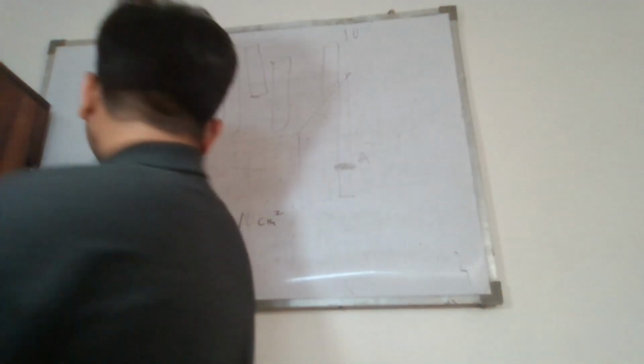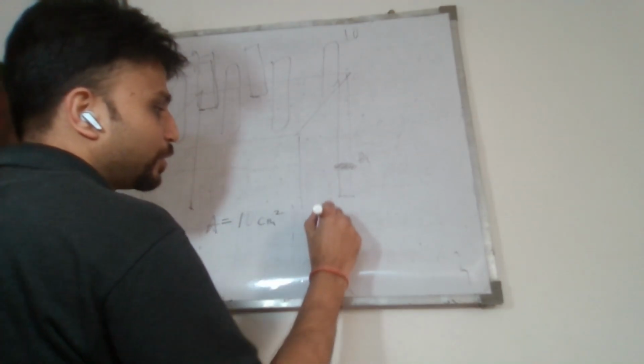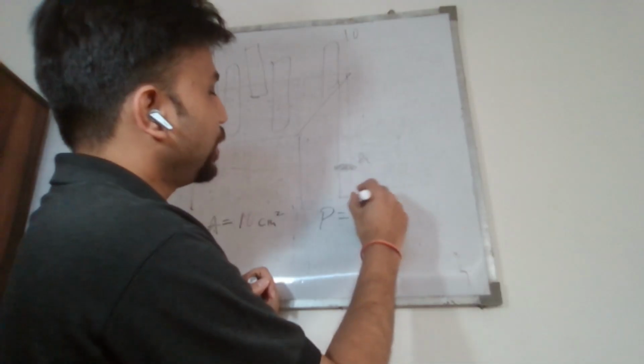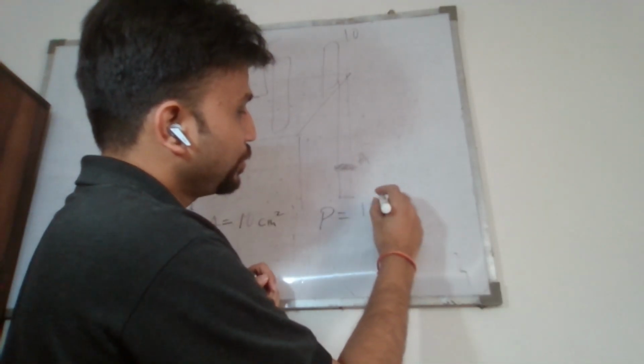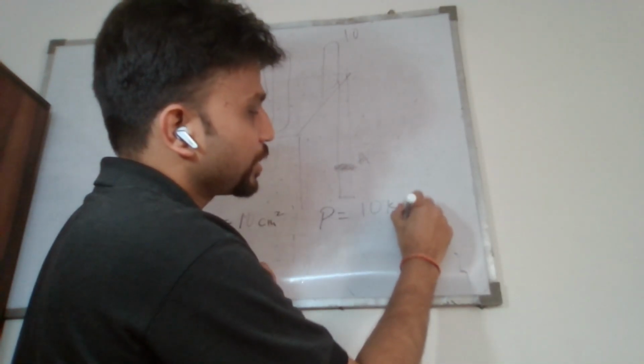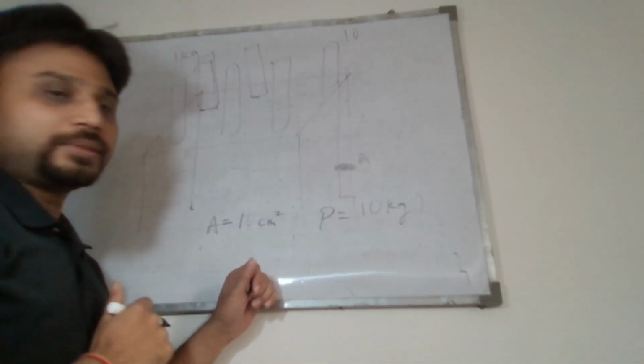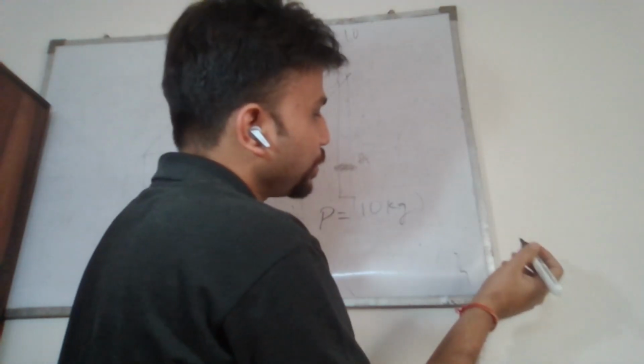So how do you find pressure? Pressure we'll find using 10 kg, because that is the total weight acting on the table. So 10 kg will convert into force.